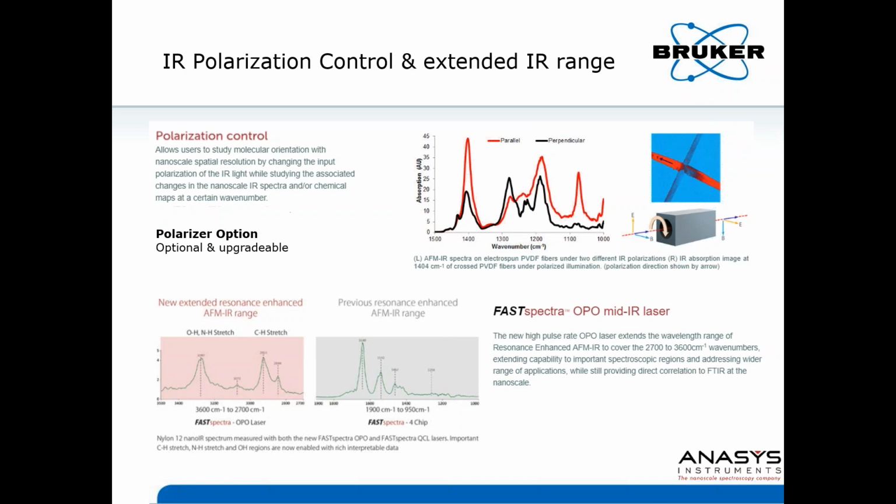This basically allows you to study the molecular orientation by changing the input polarization of the IR light, whilst studying the changes that go on in the sample. And then we also have extended range, one example of a laser that we have for extended range up to 4,000 wave numbers is a fast spectra, but we also have other lasers we're developing that we'll talk about in future webinars.